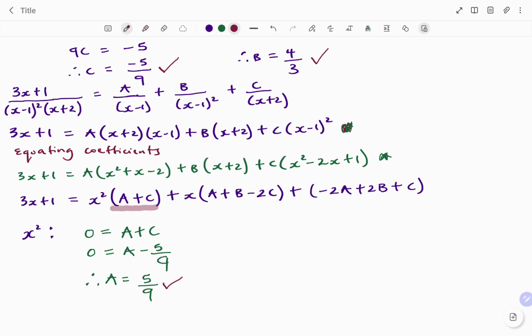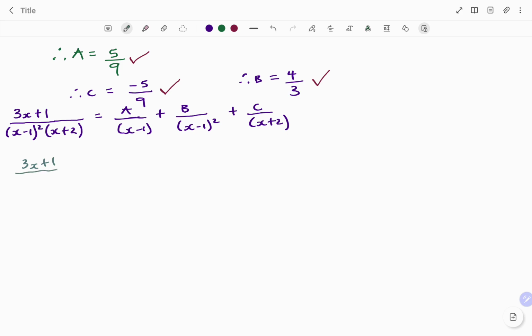So rewriting my partial fraction, on my left hand side I have 3x plus 1 over x minus 1 squared, x plus 2, equals, the value of a is 5 over 9, so I have 5 over 9 multiplying x minus 1, done with the first factor, plus b is 4 over 3, that is 4 over 3 multiplying x minus 1 all squared, and c, negative 5 over 9, so I change that to minus 5 over 9 multiplying x plus 2.